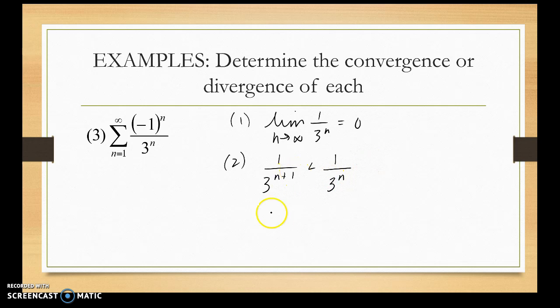Remember our properties of exponents. This would be 3 to the n times 3 to the first. And this for sure, 1 over 3 times 3 to the n is definitely smaller than 1 over 3 to the n. So our conclusion is that the alternating series converges.